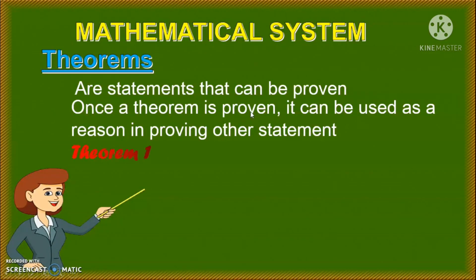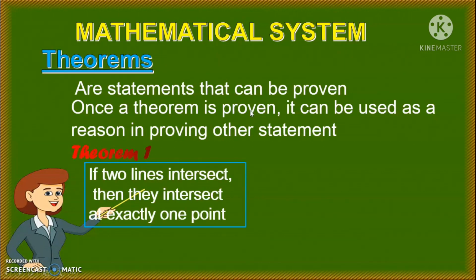So, we have Theorem 1: if two lines intersect, then they intersect at exactly one point. So, pag nag-intersect yung dalawang lines, it will form an intersection, a point of intersection.